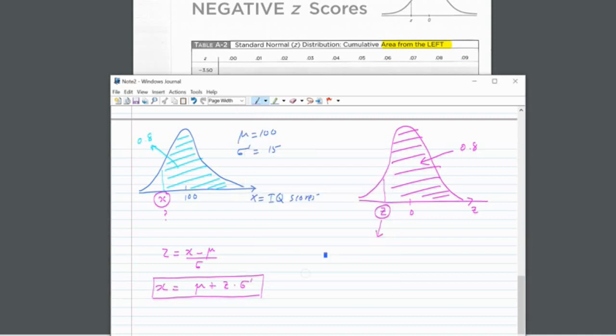This is 0.8 on the right, so the area on the left is 0.2, because the total area is 1. Now we have a left tail area, and we need to find the Z value. So we look at 0.2.